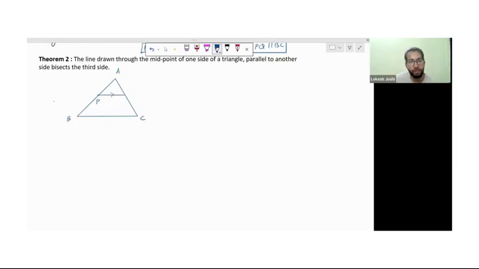Okay, it's given to us. So we have to prove that it bisects the third side. Suppose this is intersecting at Q, then we have to prove AQ is equal to QC.